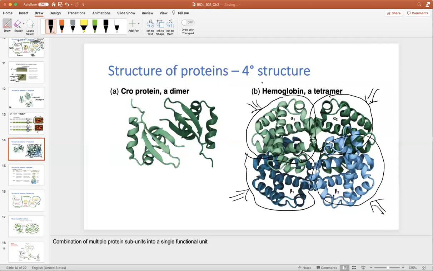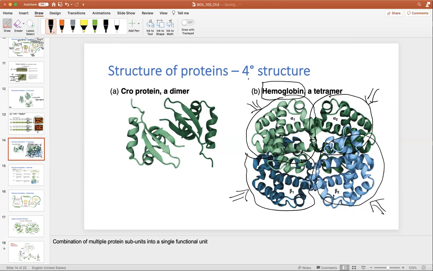But for this particular protein called hemoglobin, you've heard of it, right? Hemoglobin is the thing in your blood that transports oxygen. In order for hemoglobin to work properly, it needs all four of these individual proteins to work together to become the functional unit.